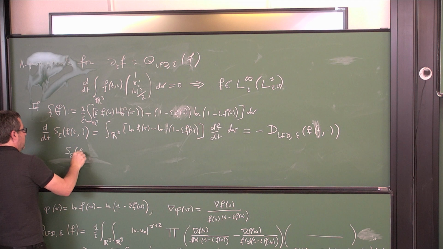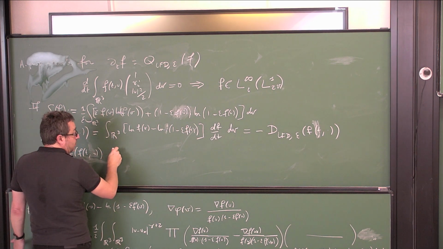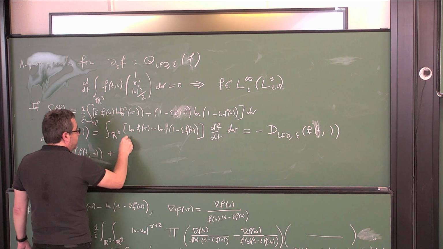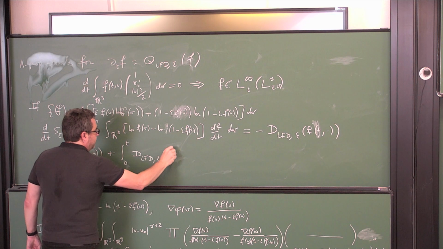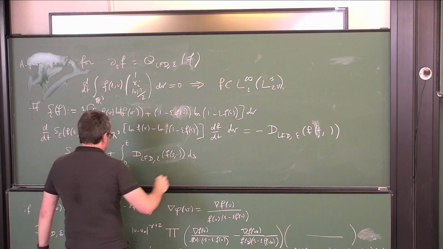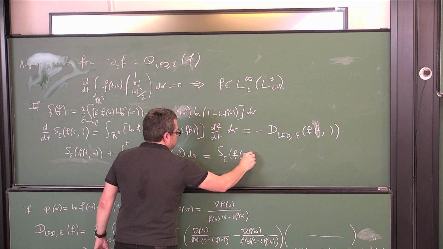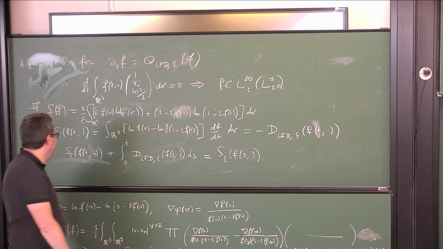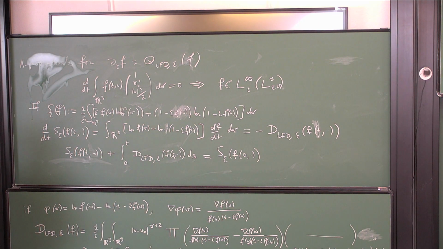S epsilon at time t is equal to S epsilon at time 0 plus the integral from 0 to t of the entropy dissipation estimate. Now, S epsilon is not really positive, but it is close to being positive.